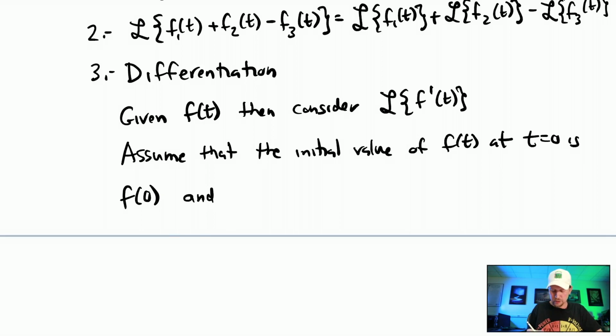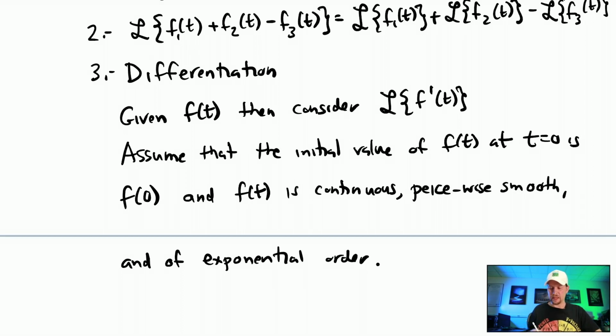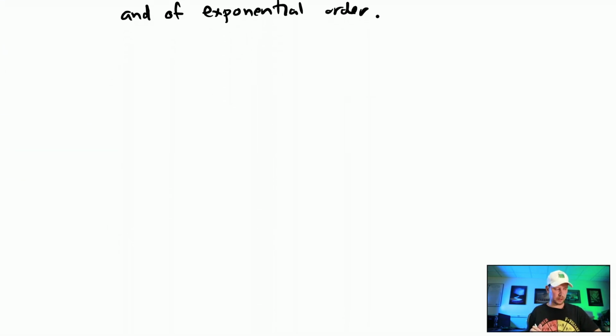And we're also going to assume that f of t is continuous, piecewise smooth, and of exponential order. You'll see what that means and the consequences in just a second.